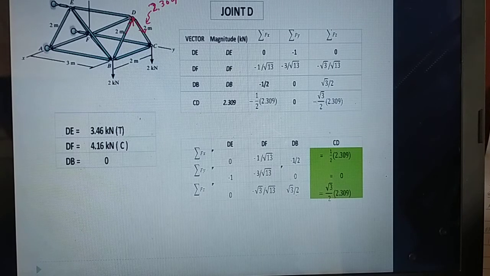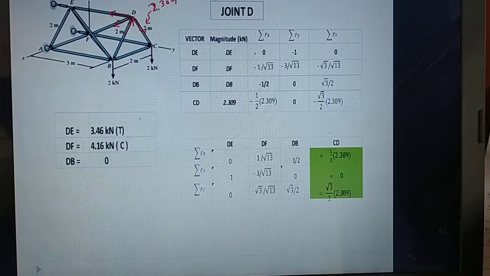I will assume also the member DF and member DE as tension. You can find it in my tabulation. So according to your direction, you must get the sign.